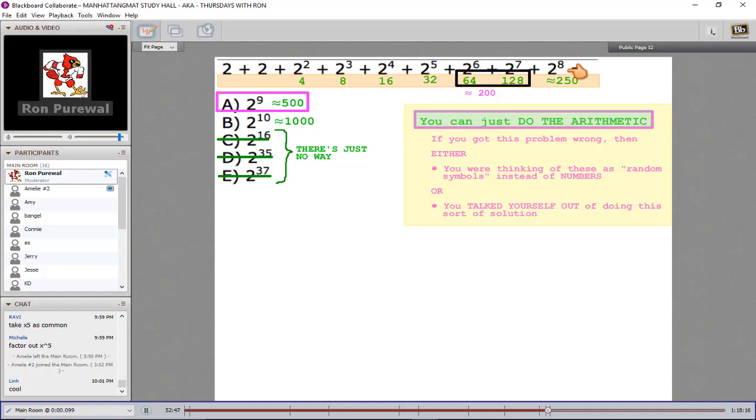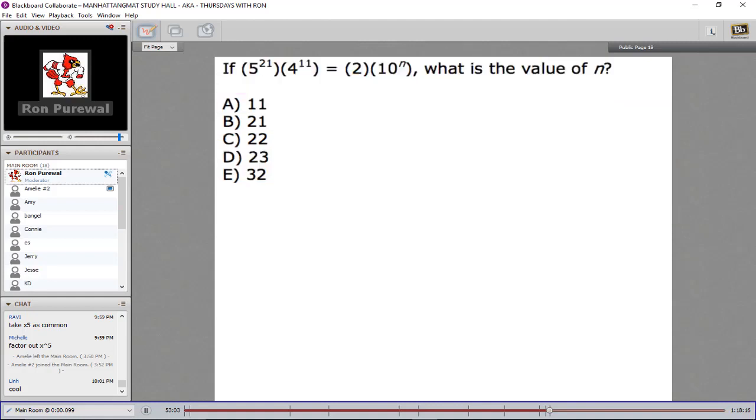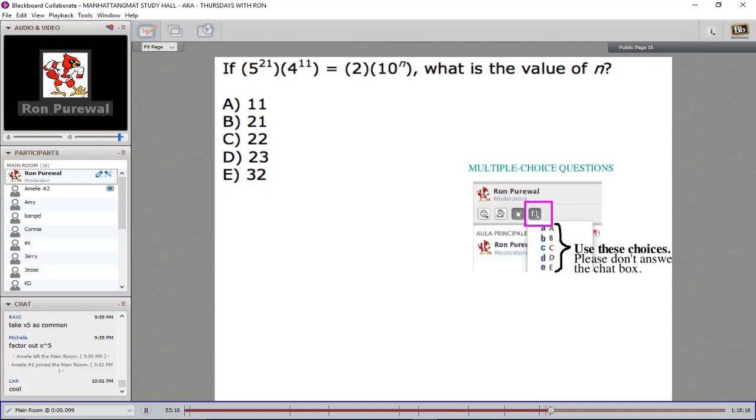They're good at that. So the point is to be very aggressive with trying stuff. Okay, let's see another problem. What about this one? Don't forget where the answer choices are located.